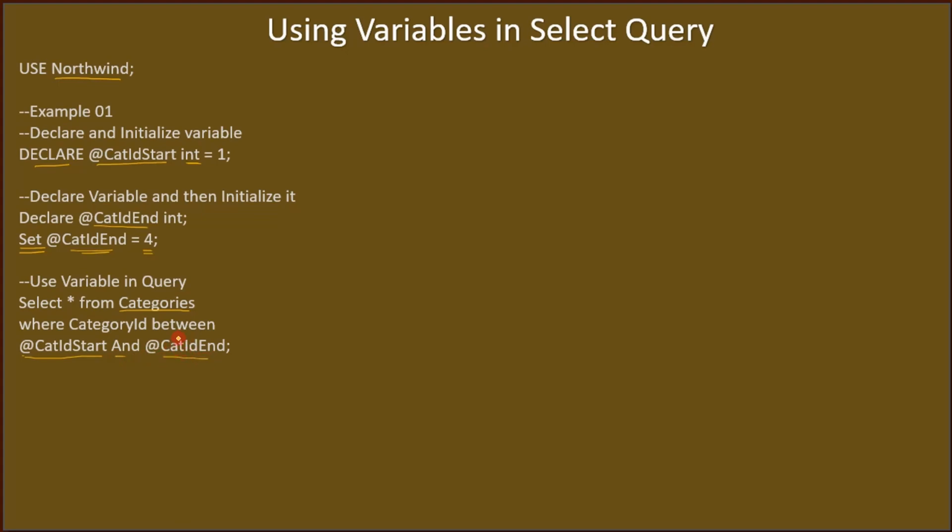So this will return the query with category id between 1 and 4. Here we simply assigned constant literals 1 and 4, but this can be a complex expression, or it can be a function call that returns a value. So all those things you can do with the variables.